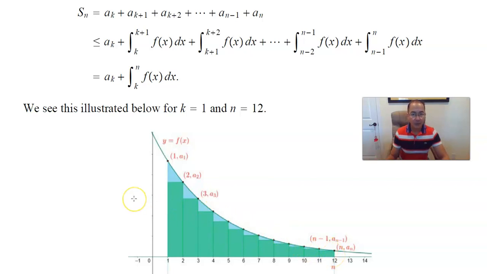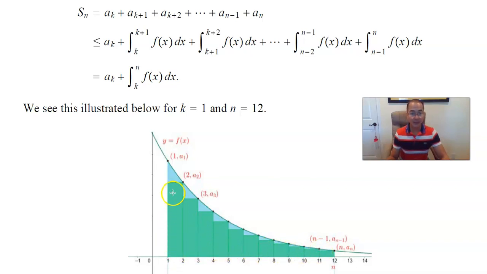Okay, so we want... A1, except this rectangle has height A2. This rectangle has height A3, and so on. The last rectangle has height A12. The green region here represents A2 plus A3 all the way to A12.